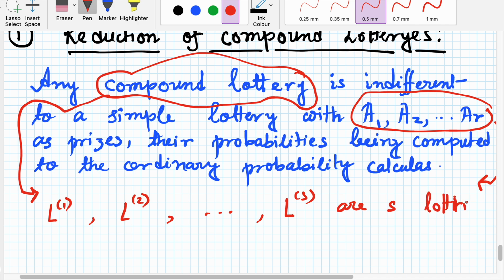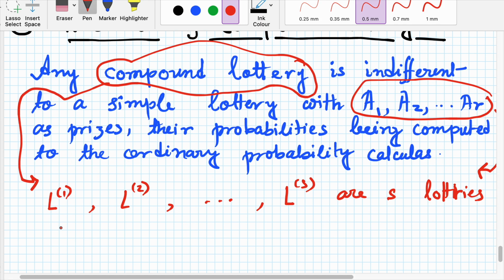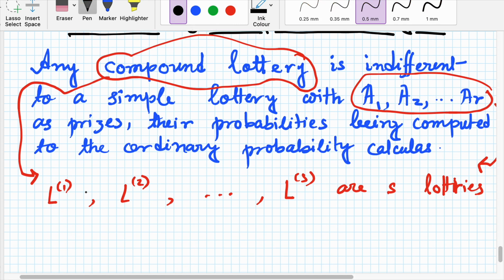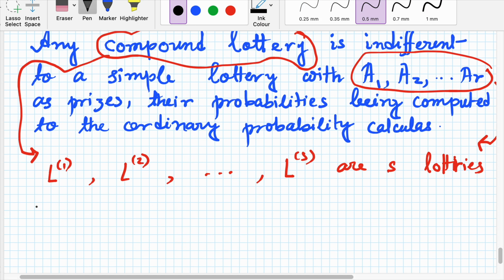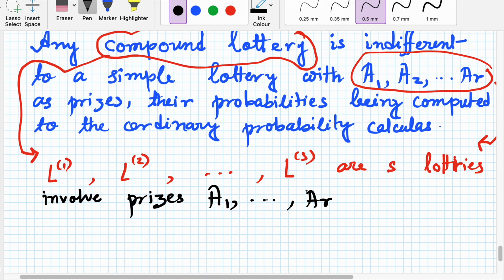Why it is called simple lotteries, we will see. Simple lotteries involve prizes A1 to AR. Lotteries which involve these prizes A1 to AR with some probability combination are called simple lotteries.